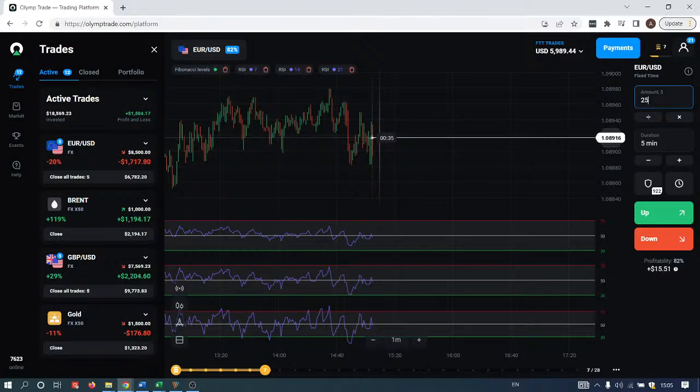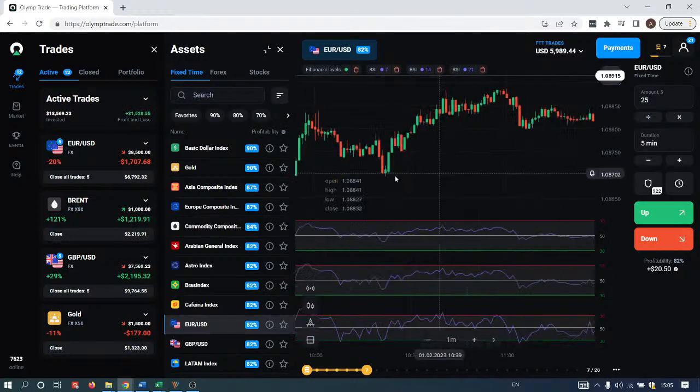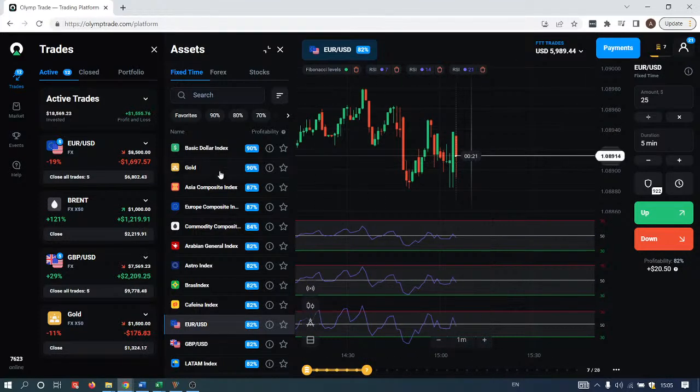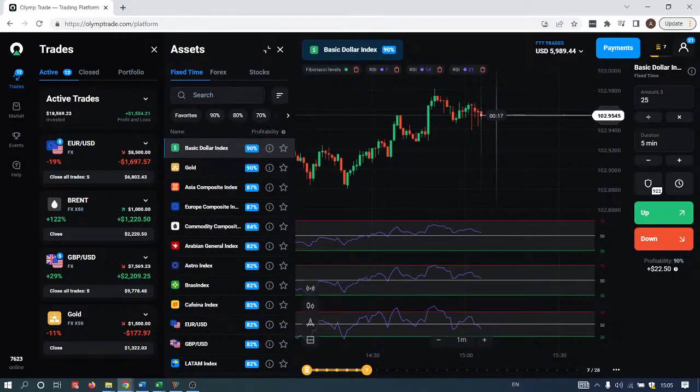Oftentimes there isn't one single universal method of predicting where prices will go next. So by showing you different strategies we are trying to give you some variety, a different approach, so that you can pick a strategy that fits you and your trading style.